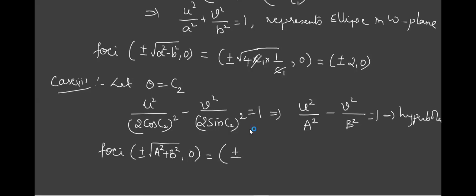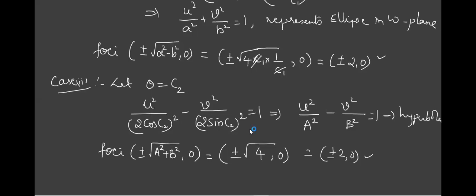A square is 4 cos square C2 plus 4 sin square C2. Take 4 common; cos square C2 plus sin square C2 is how much? 1. So it is again root of 4 comma 0, or plus or minus 2 comma 0. So the focus points are the same for the ellipse and the hyperbola.